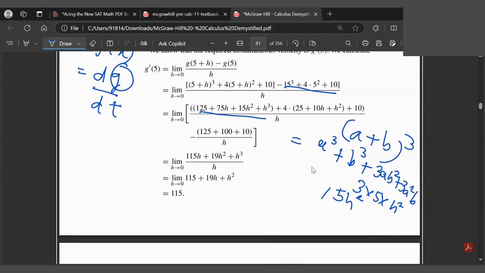And then for 3a squared b, that is 3 into 5 squared into h. 5 squared is 25, and 25 into 3 will be 75.